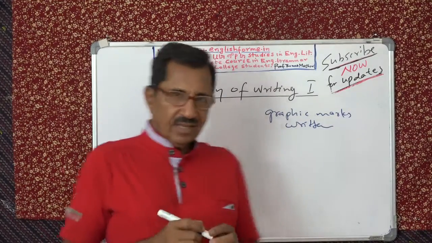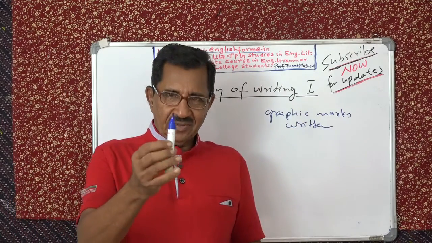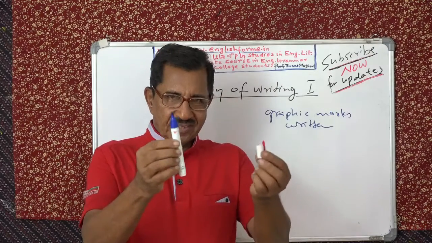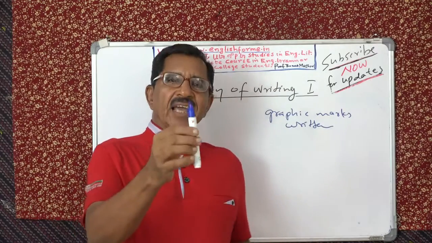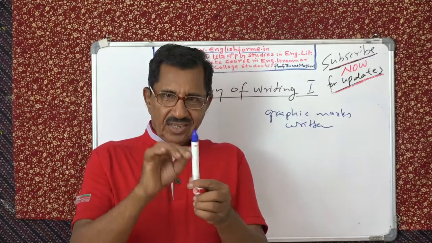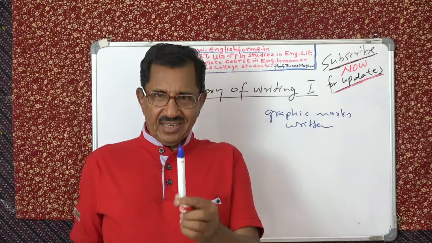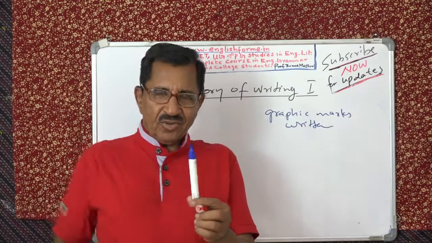Unit, like see the two units here: the cap and this one. Again you have got two more units here. Inside there is the filler, where the ink is stored.